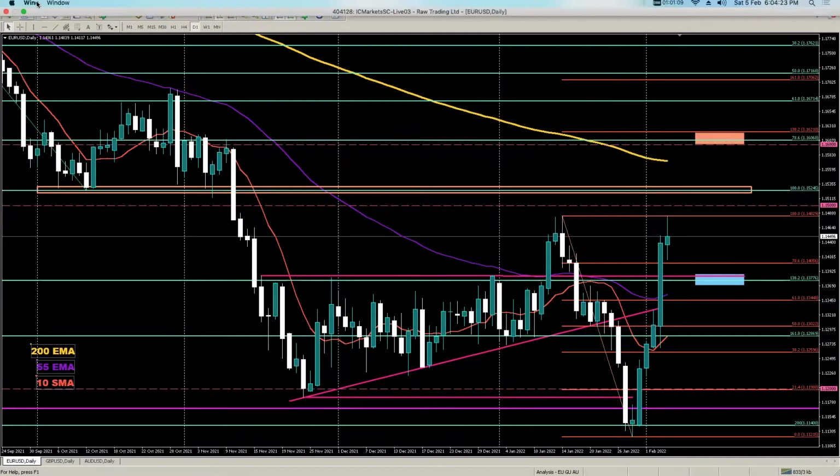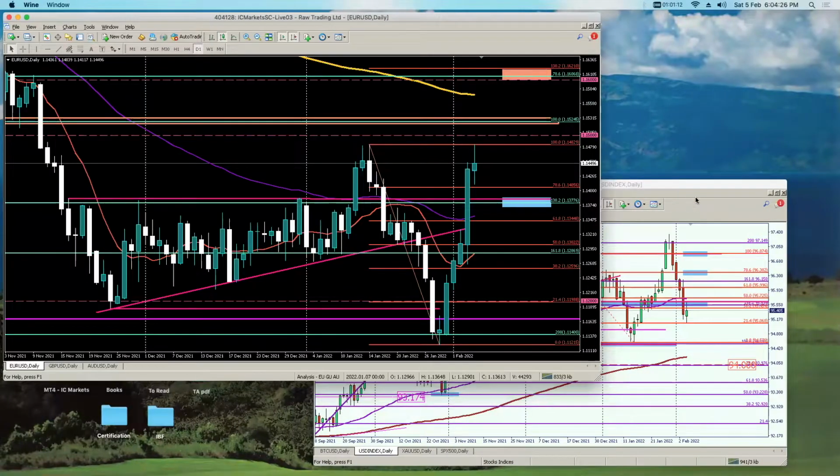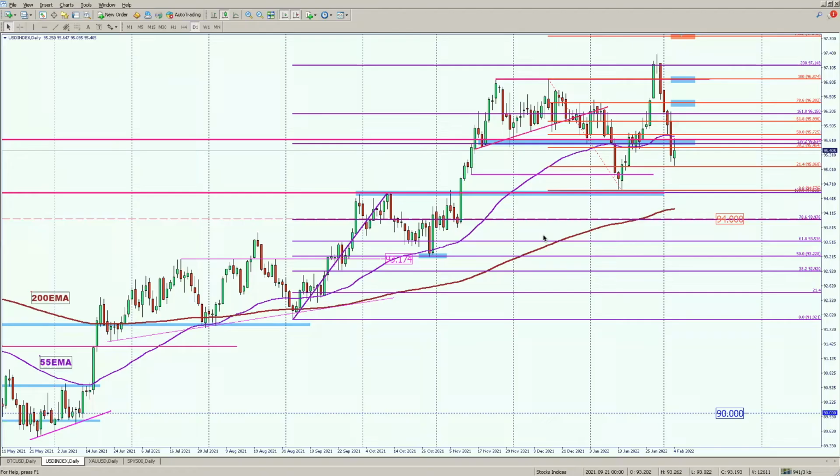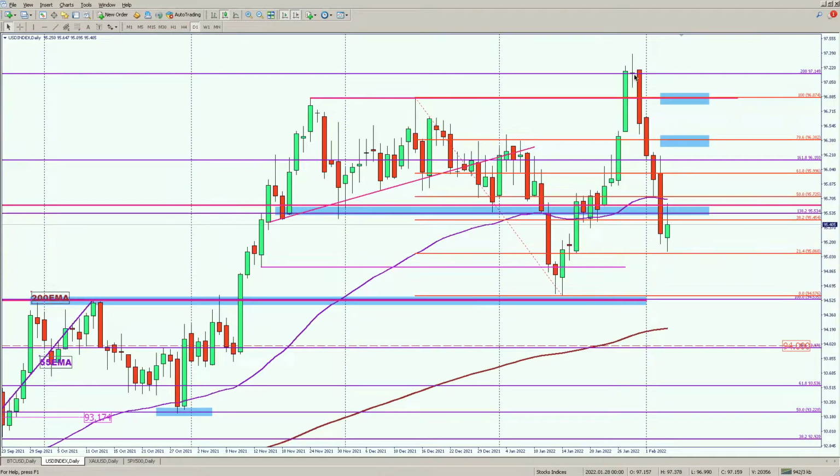Okay, let's also take a look at the US dollar index, where it did not continue after the doji on the Friday, and starting from the Monday, it formed an evening doji star bearish formation and continued lower until the Friday's NFP, and managed to find support at the 21 Fib retracement here.